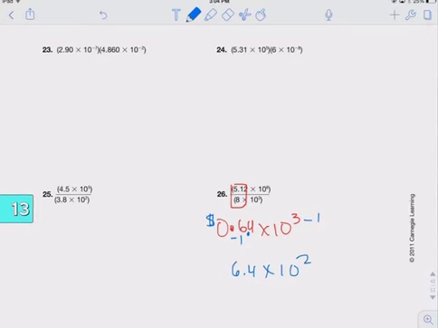Remember where the other one was more than 10? We add 1, right? This is less, so we need to take away 1 from the exponent. Okay, so here we do 5.31 times 6, right? And then 10 to the 5th times 10 to the negative 8.